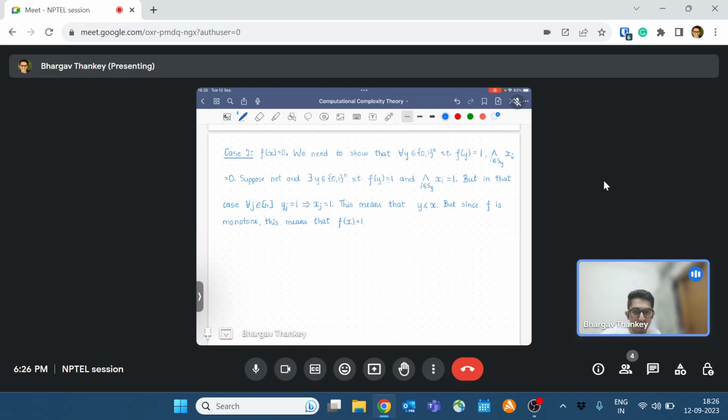Why? Because f of y equals 1, right? Which contradicts the assumption that f of x equals 0. So no such y can exist.